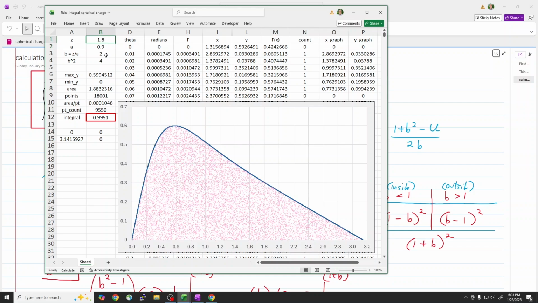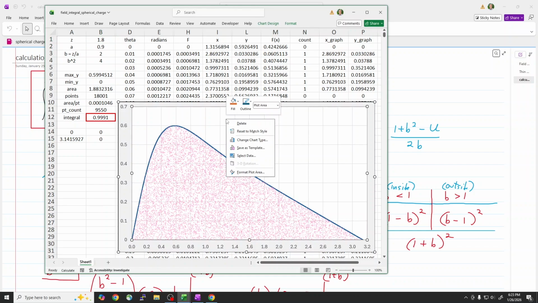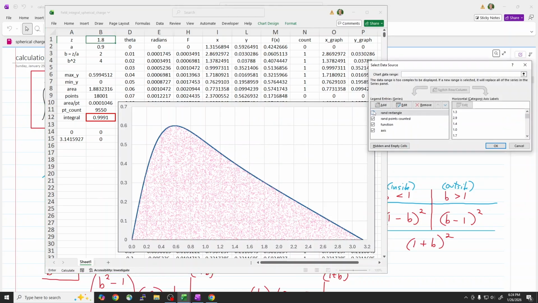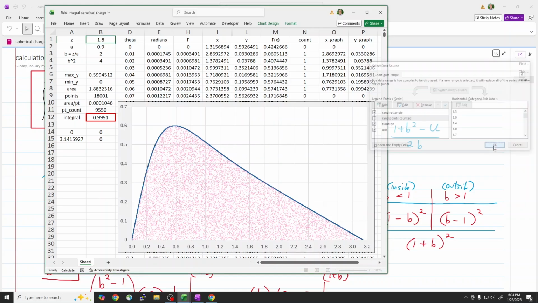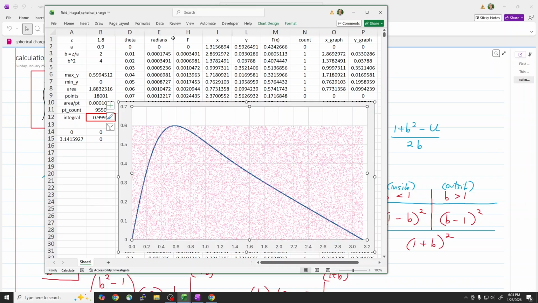Essentially the idea is, I'm not going to repeat what's already in my video, and we did solve it exactly anyway. But with this method, you generate a rectangle of random points, and the integral is basically the area under the curve.